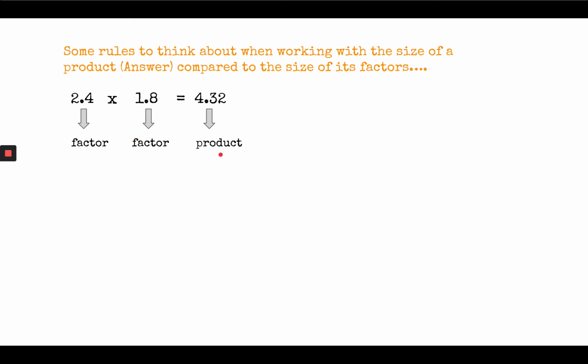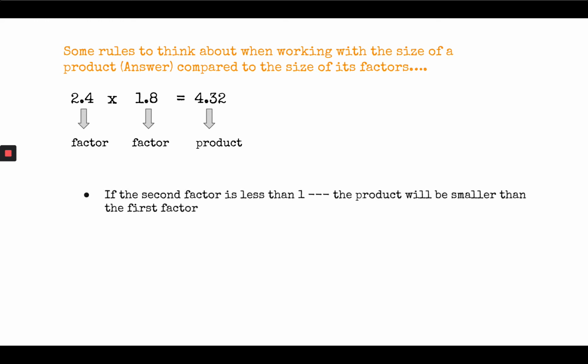I'm going to go over some rules. These are not anything that you need to memorize. This is not anything you're going to be tested on right now. But I want you just to be aware of this, and I want you to understand this a little bit further. So, if the second factor, which is this one, is less than 1, the product will be smaller than the first factor.